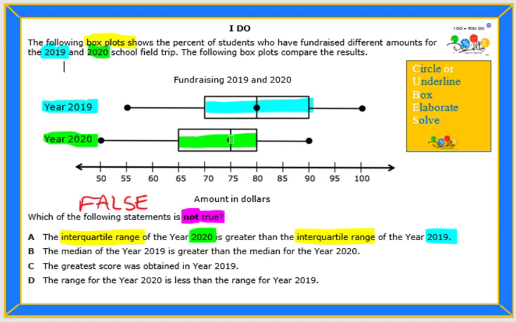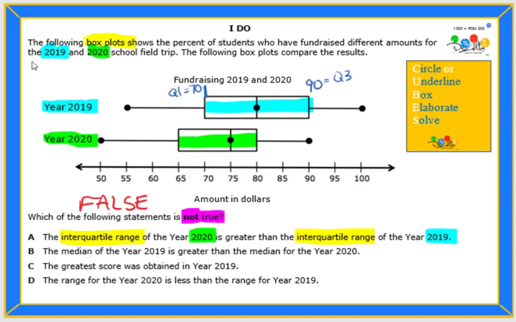Now we can actually find the interquartile range of each by taking the first quartile and the third quartile. Where the box started is 70, and where the box ended is 90. That's quartile 1 and quartile 3. Very important measures. I'm actually going to write it there. This is quartile 3, and this is quartile 1.